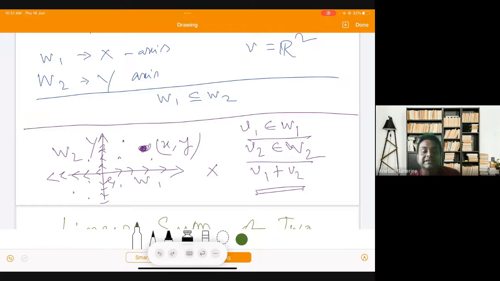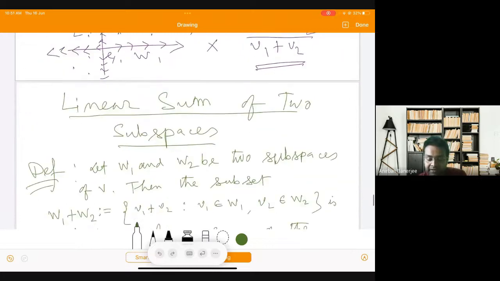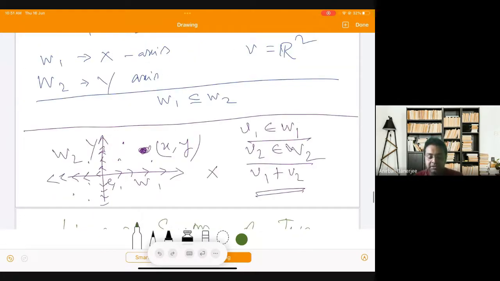So that means it will generate the whole space R2 in this case. And of course, if W1 is contained in W2, or some vectors are linearly dependent, then it can also happen. So you have to consider a few cases, the relation between W1 and W2, and then proceed for the proof.